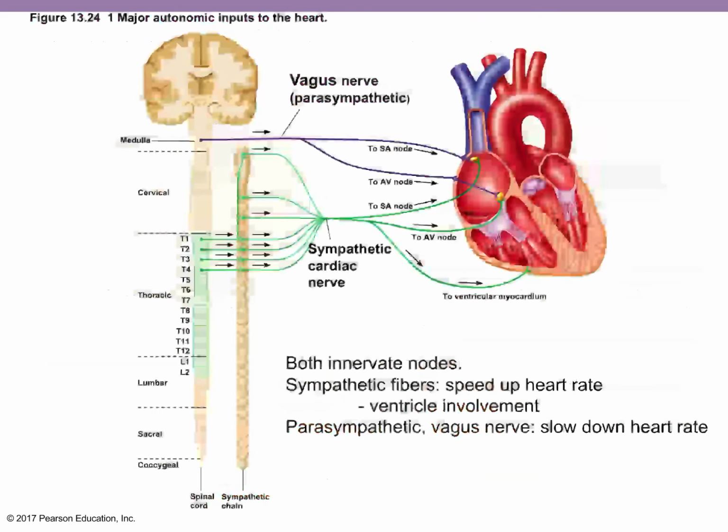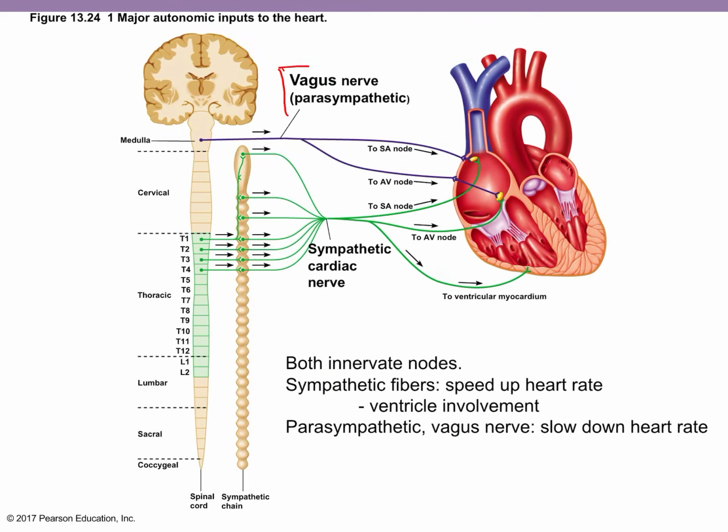So let's get started by looking at just the autonomic innervation to the heart. You probably remember that the parasympathetic fibers, the rest and digest, go to your viscera through the vagus nerve.